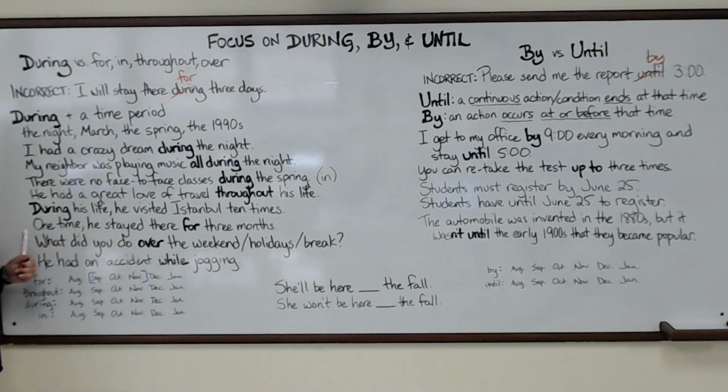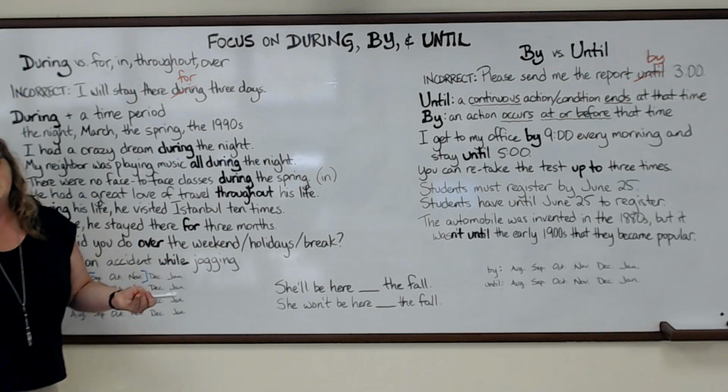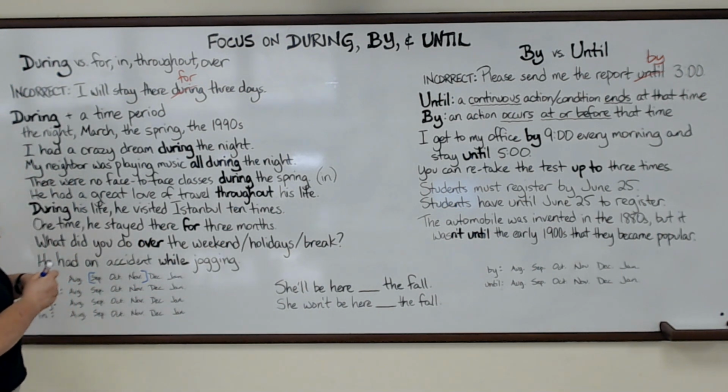Let's just say that we're talking about the fall as September, October, November, okay? Let's be easy about it. This means that she will come here. She will leave here. It is this time and only this time that she's here.